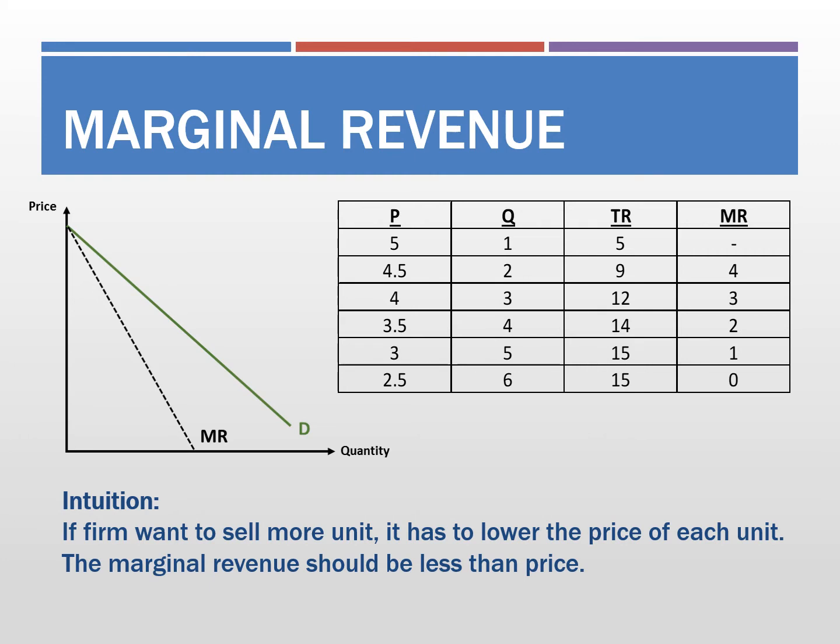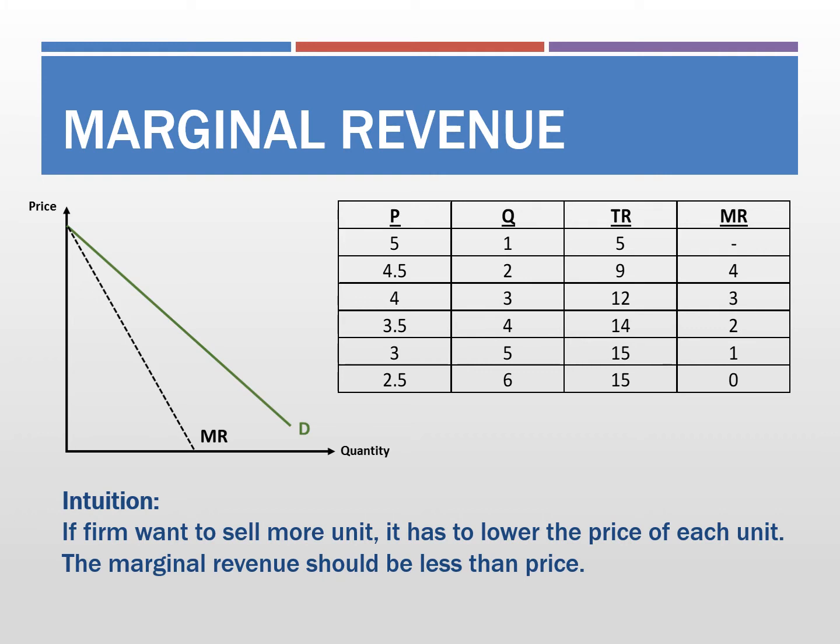As you can see, the total revenue column is basically the product of the first two. Calculating marginal revenue is also easy. We use the difference in total revenue divided by the difference in quantity. The first one we get here is 4, which comes from (9 minus 5) divided by (2 minus 1). The second marginal revenue is 3, because we have (12 minus 9) divided by (3 minus 2).